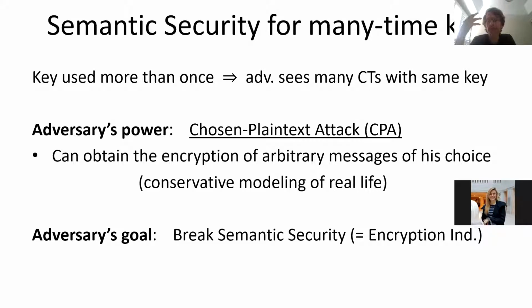But how can we model attacks where the adversary knows the plaintexts but doesn't choose them? Is it that he gets to see encryptions of random messages? So who chooses them if it's not the attacker? I guess the natural answer is that an application chooses them. But what is an application? Who chooses the application? Basically, we say, let the adversary choose this application. Let it be the worst application you can think of.